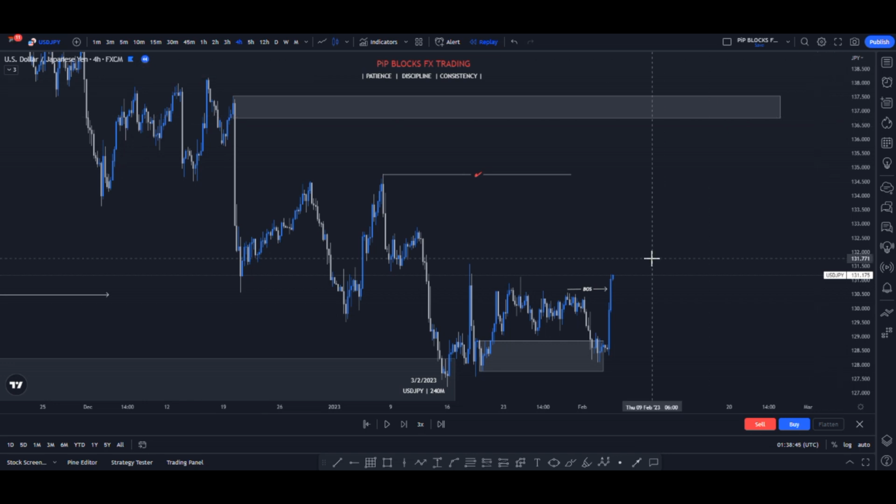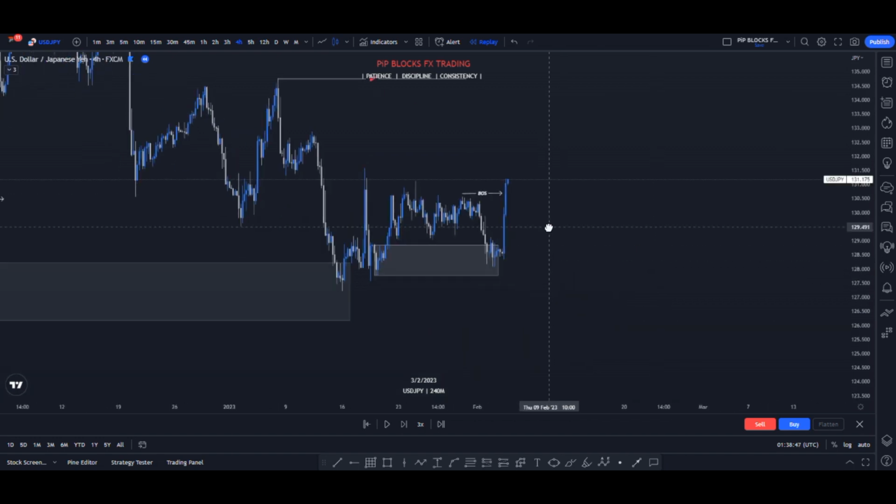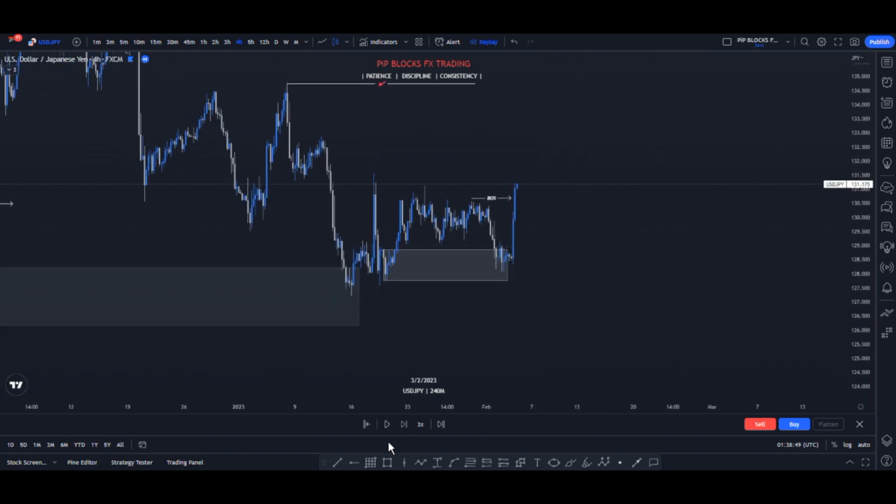Now with the way I trade, I know that whenever we have a break of structure, something like this, I'm just trying to explain something here.